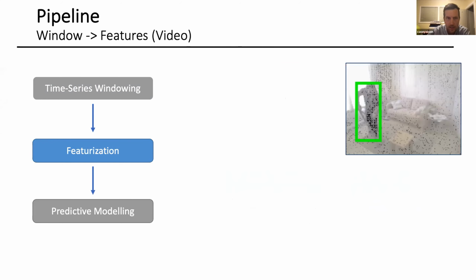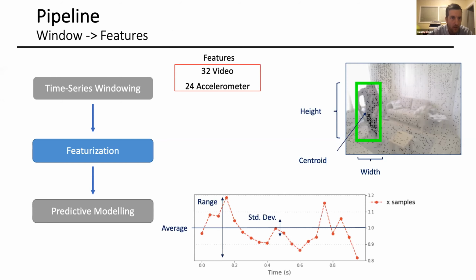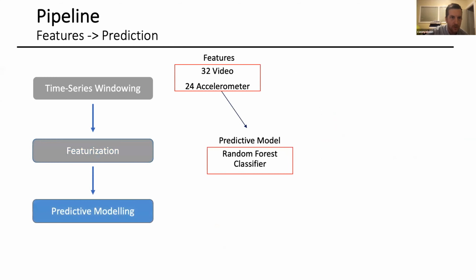Then looking at the bounding box imaging data, I made simple measurements on the bounding box in general, things like height, width, and centroid, and then did statistical aggregates of those measurements across each window. Ultimately, I ended up with 32 video features and 24 from the accelerometers that were input into a learning model.